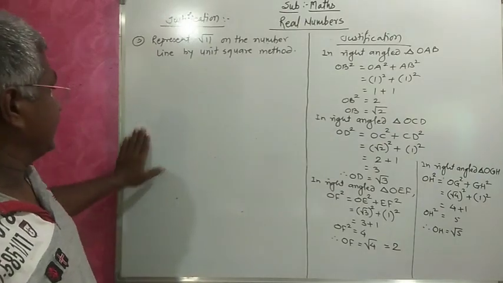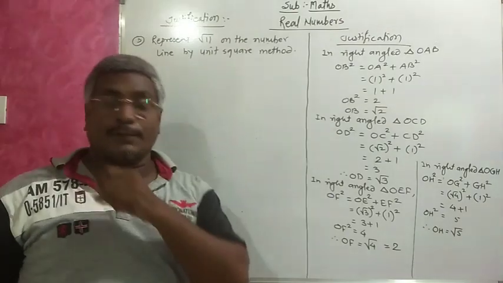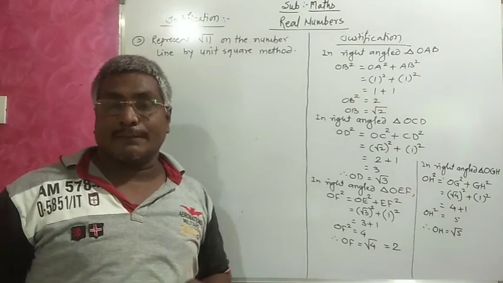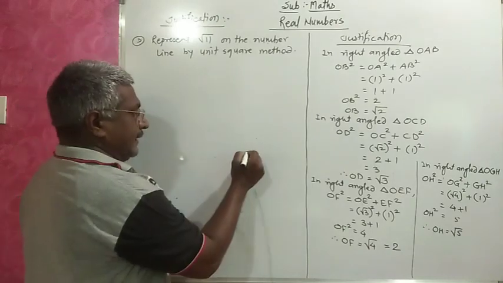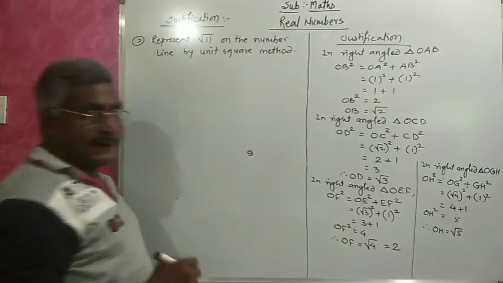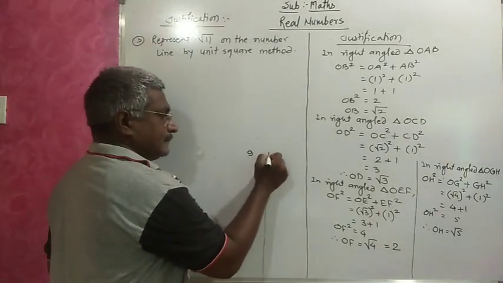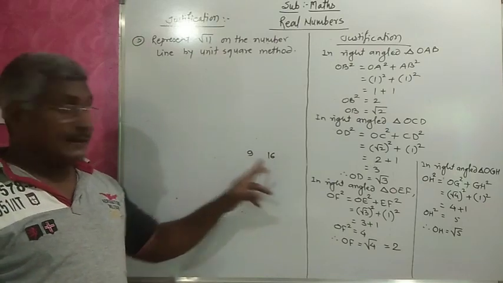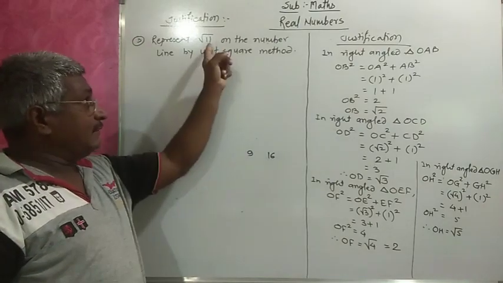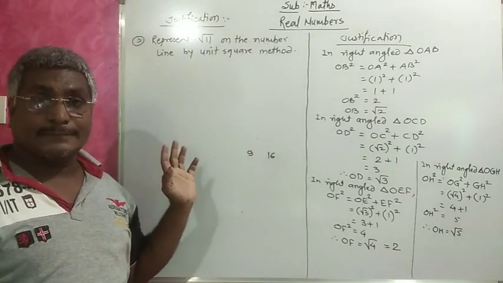First you see, root 11 will come in between which two perfect square numbers? Perfect square numbers means 9, and the next is 16. After 9 the perfect square number is 16, which means 11 is coming in between 9 and 16.